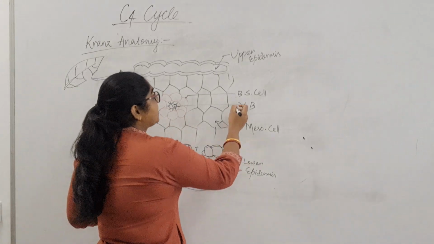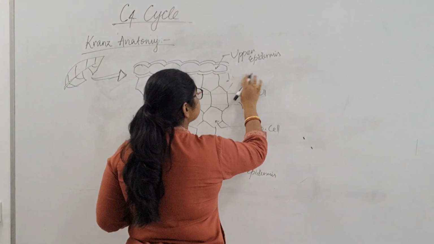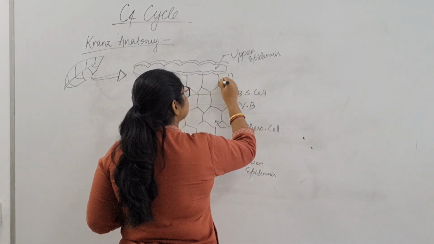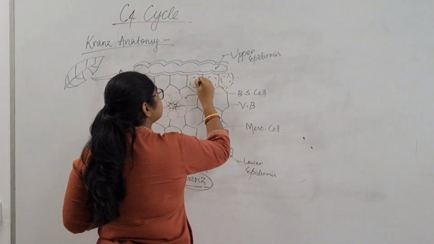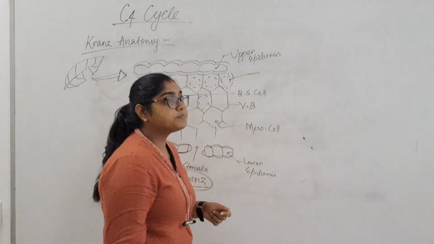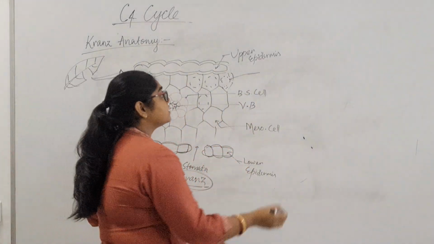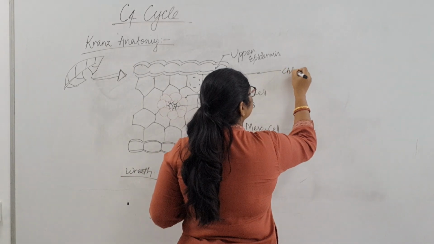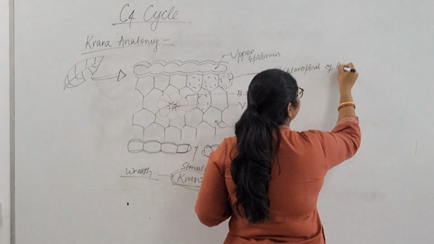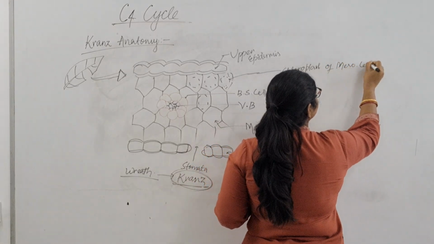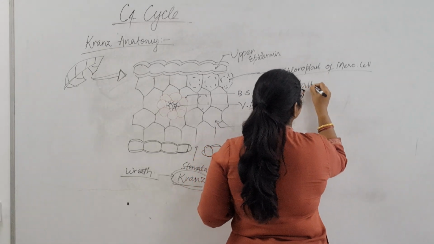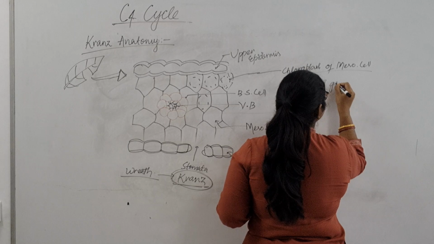The chloroplast present in the mesophyll cells contains stacked grana.